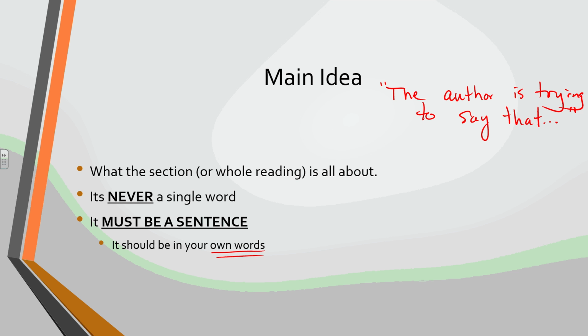The reason why we start a main idea always with the author is trying to say that is because it allows for us to complete this sentence by avoiding plagiarism. So they're trying to say, not what they actually said. And so it's an exercise in paraphrasing. And when you are able to paraphrase smaller sections and then the entire piece, it allows for us to then go apply our reading through writing without worrying about copying.